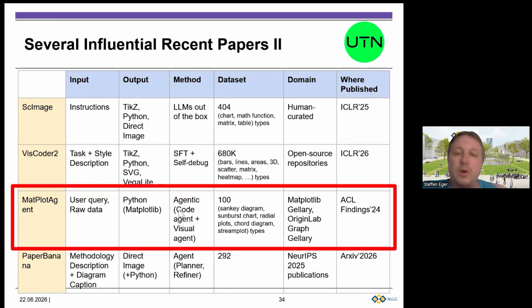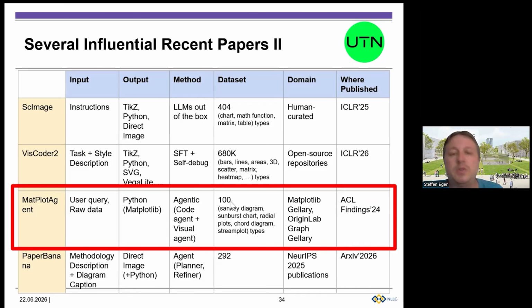Matplot Agent is a 2024 ACL paper which uses Python, and instead of doing supervised fine-tuning or using LLMs out of the box, they have an agentic modeling framework where they have 3 agents. I think it's 3 agents in total: a code agent, a visual agent, and they collaborate together to produce a scientific image.